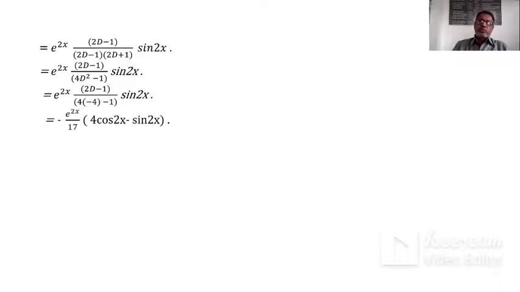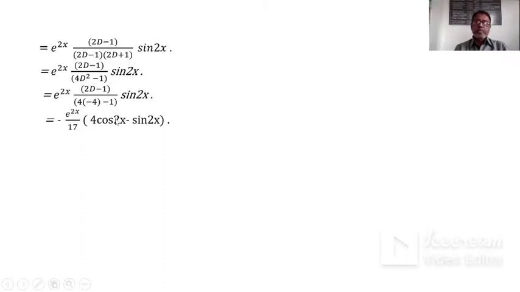If we take 2 into derivative of sine 2x, it is cos 2x into 2, and with the previous 2, it becomes 4 cos 2x, and minus sine 2x as it is, minus 1 into sine 2x. This 2D into derivative of sine 2x is 4 cos 2x, and minus 1 into sine 2x is this.